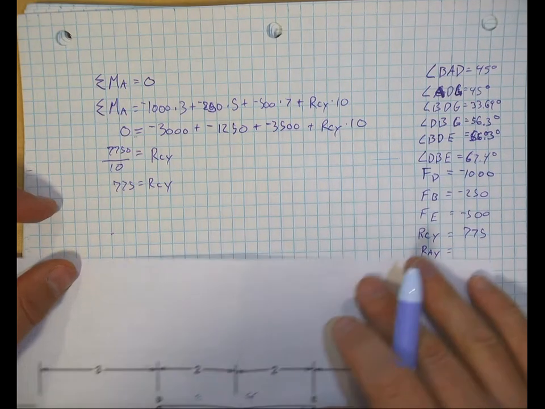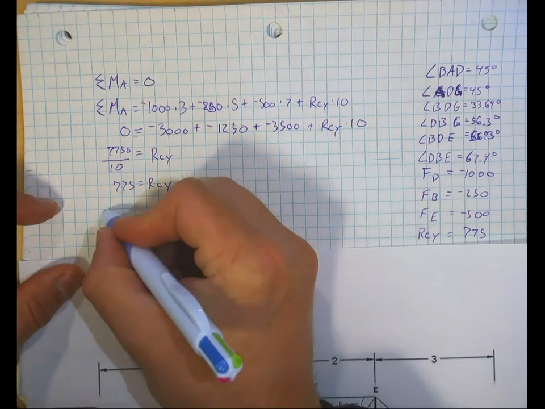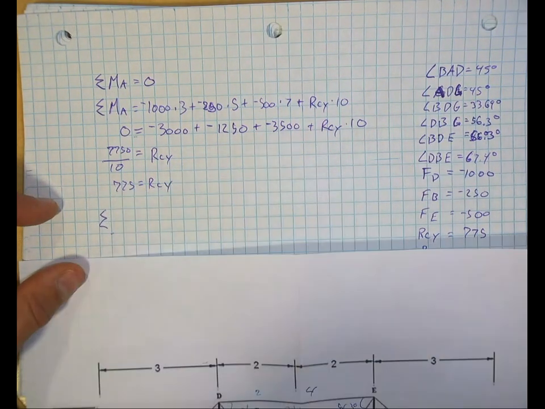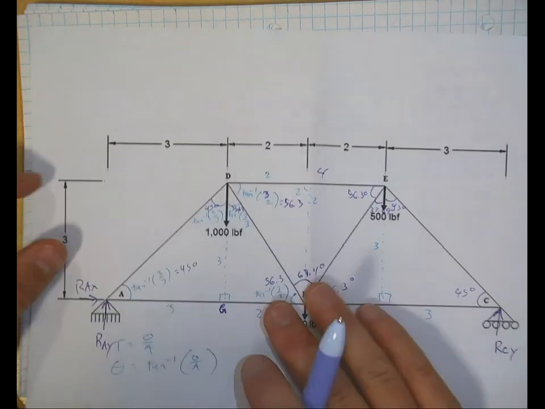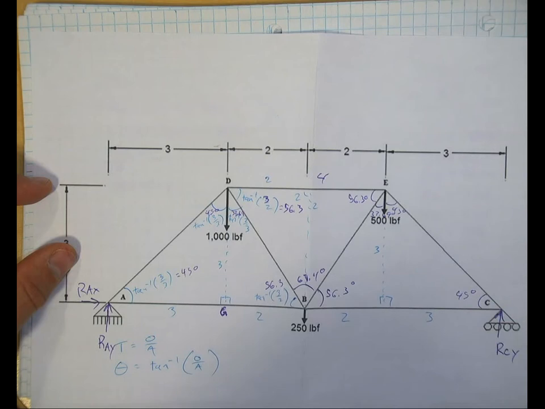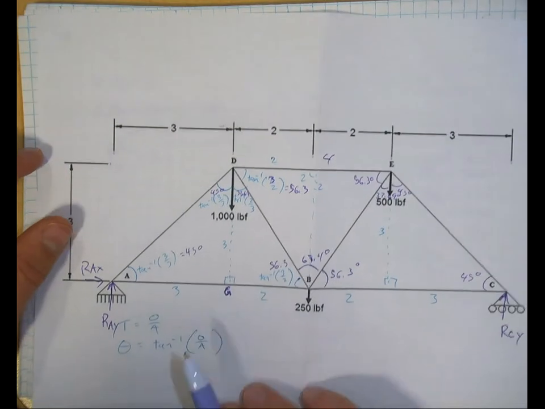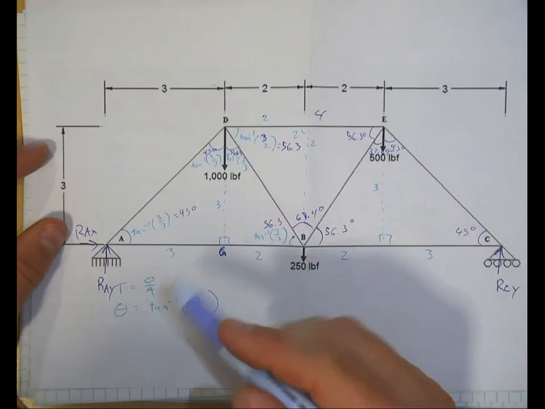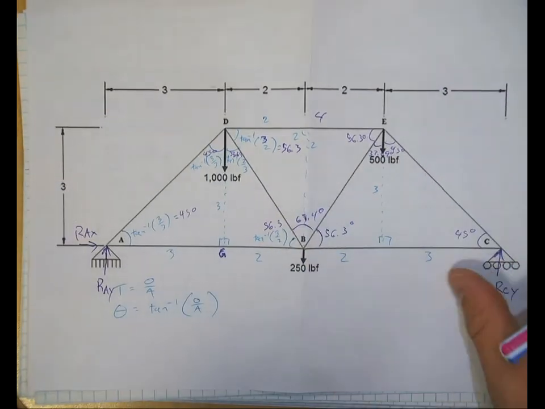Now we're going to sum the external forces, which is fairly straightforward. We have negative 1,000, negative 250, negative 500, and RCY, which is positive 775, plus RAY, and they all sum to 0.